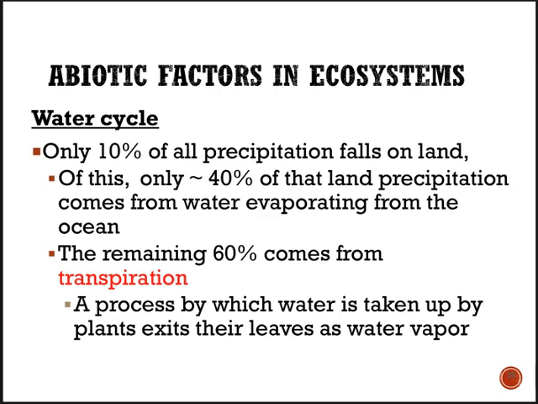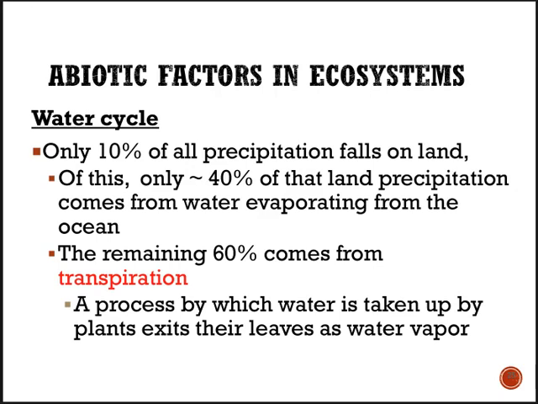So what I want you to know about this is that since we've just learned that only 10% of all precipitation on this earth falls on land, you can kind of divide that up. And of that small 10%, if we make a pie chart out of that, 40% of that water is coming from water evaporating from the oceans.